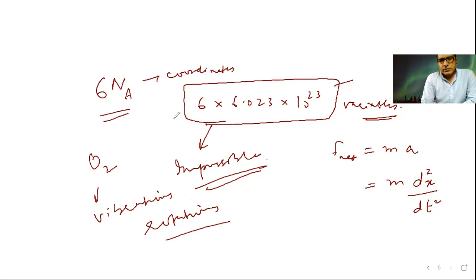So when we have to deal with the microscopic method, the number of atoms is huge, the number of molecules in the gas is huge. So to follow each molecule and solve its equation of motion and to make predictions about it is impossible. So we have another method, that's the macroscopic method.